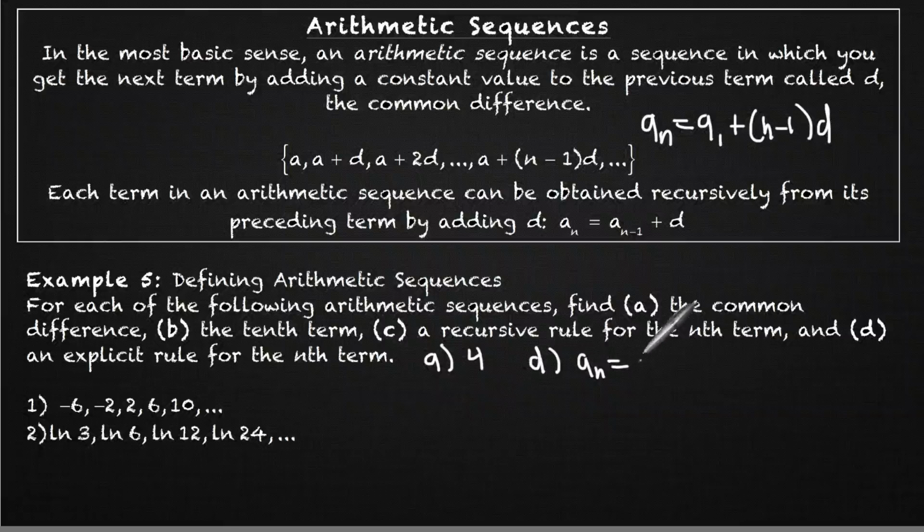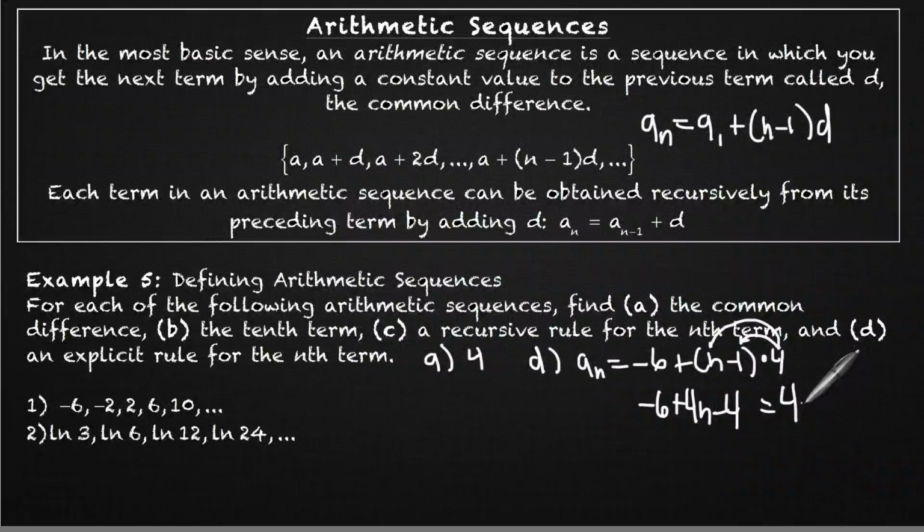That's -6 plus n minus 1, just leave that there, and d is the difference. So that's going to be 4. All right. So we can leave it that way, or better than that is to distribute the 4. So that's going to be 4n, -6, and then 4n minus 4. So that's going to be 4n minus 10. There we go. That's easy.